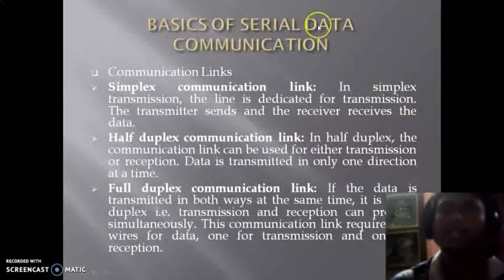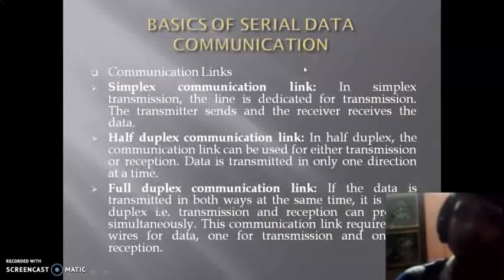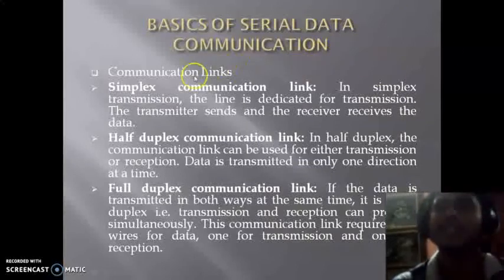Starting with the basics of serial data communications, the communication may be simplex, half duplex or full duplex. In a simplex communication link, the line is dedicated for transmission: the transmitter sends and the receiver receives the data.